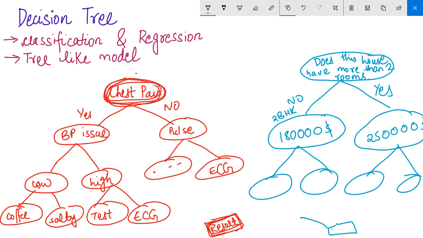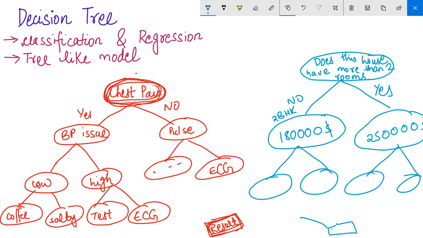There are many other methods apart from decision trees, but if you are very thorough with decision trees, you can build one of the best projects in the data science stream.